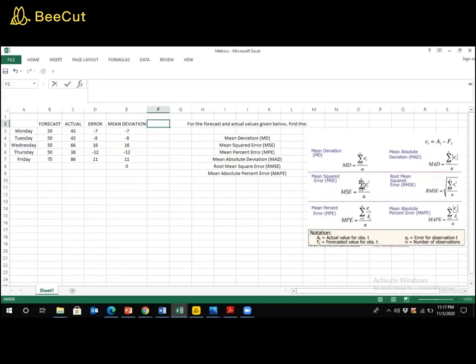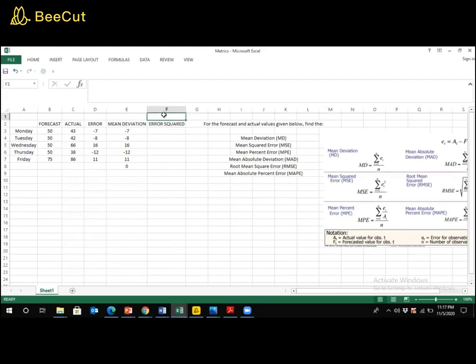By the way, this symbol over here that looks like an E is a summation symbol. This means sum of error squared. So in this formula, I realized that I need the error squared. I'm first going to calculate the error squared, because I'd like to have that information handy when I calculate the MSE.